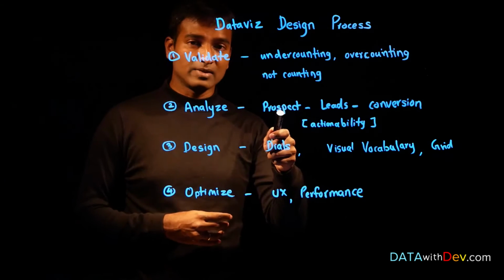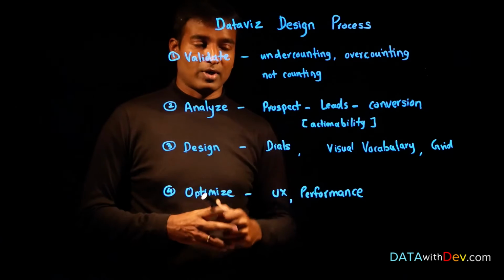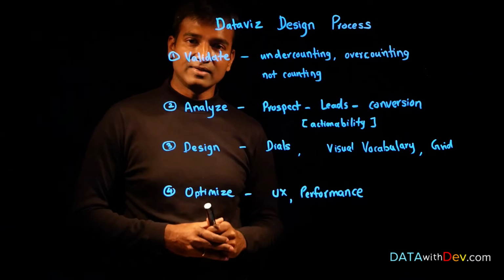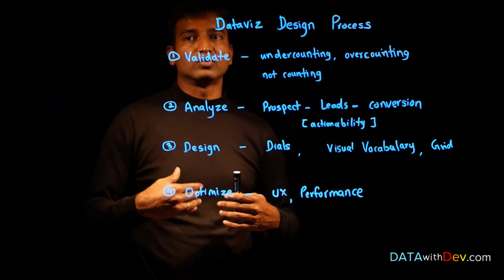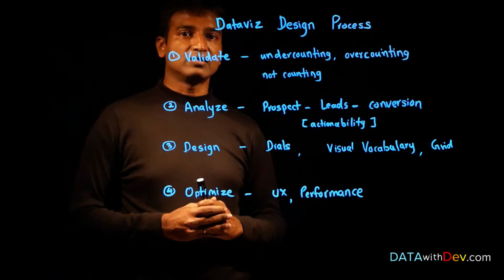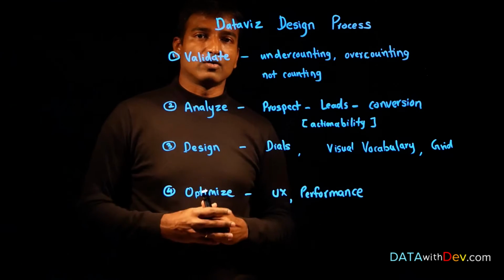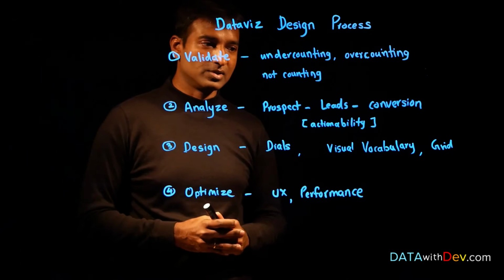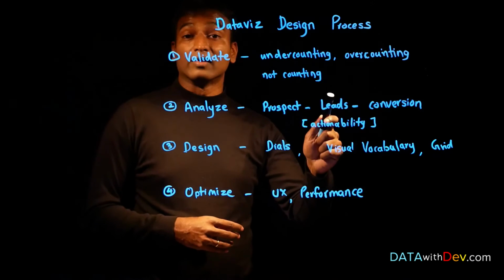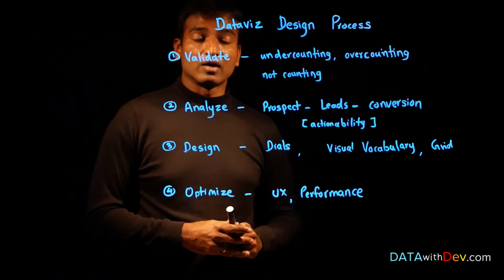Information about prospects, which is who could be our potential customer. Leads is somebody where you qualified the prospects. Maybe you've done at least some initial basic research and are reasonably confident this person or an organization could be our prospective customer. And conversion is when that lead becomes a customer.